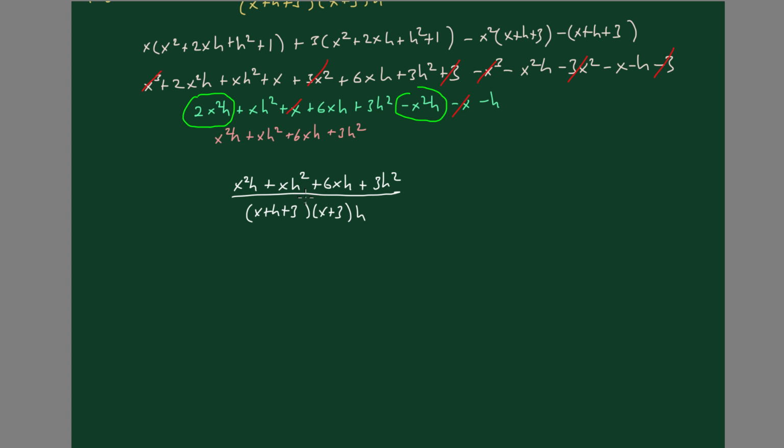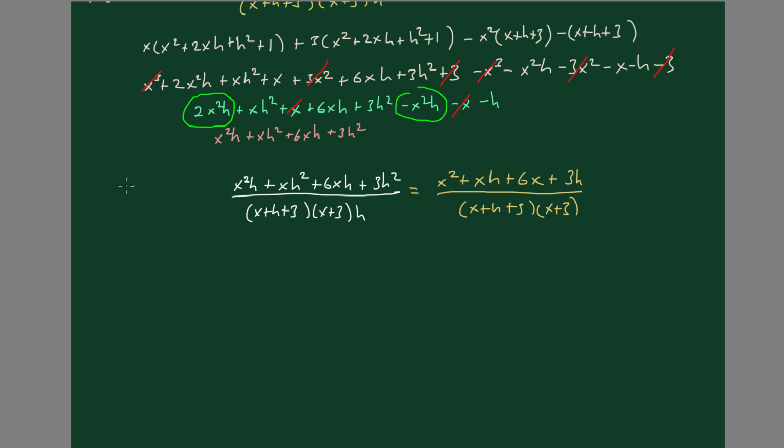And then since we have one h in the denominator, that cancels out with one h in the numerator. This just becomes x squared plus x times h plus 6x plus 3h, and all of that is going to be divided by (x plus h plus 3) times (x plus 3).